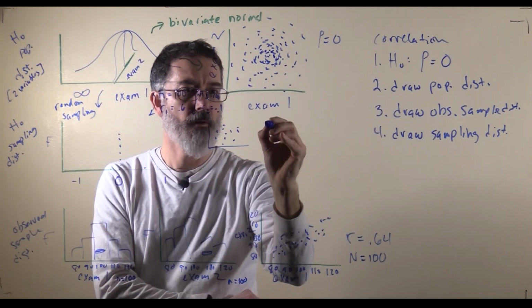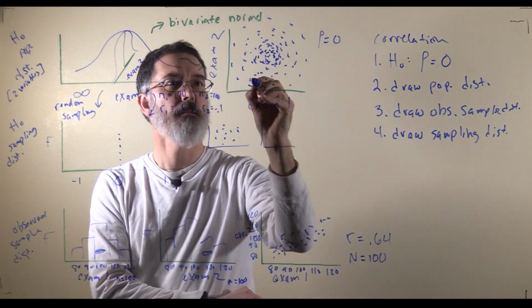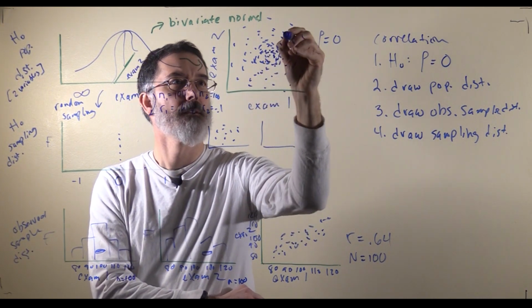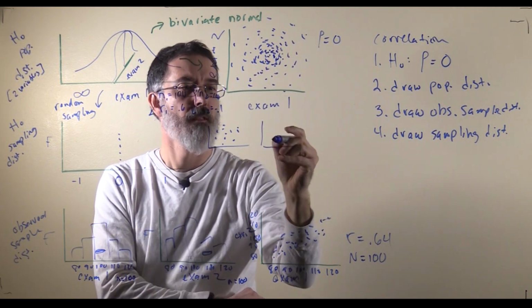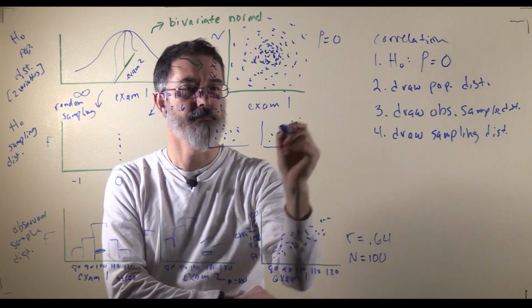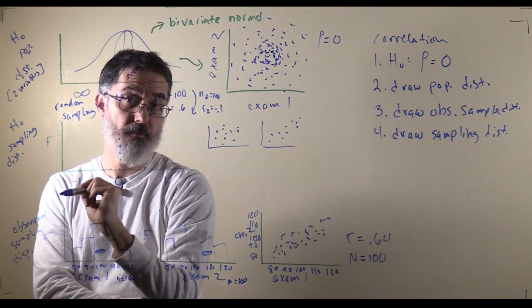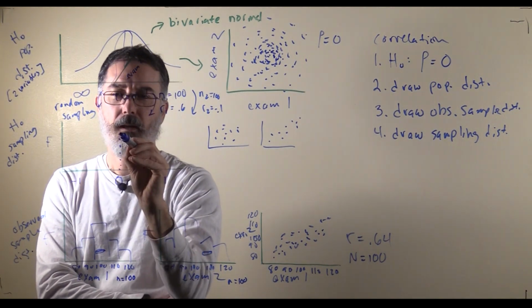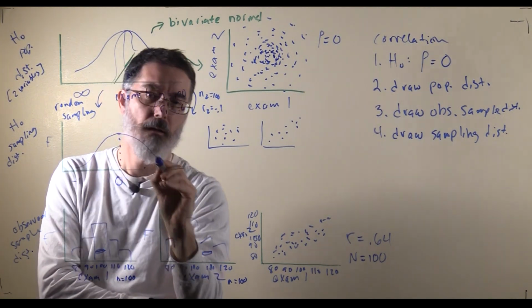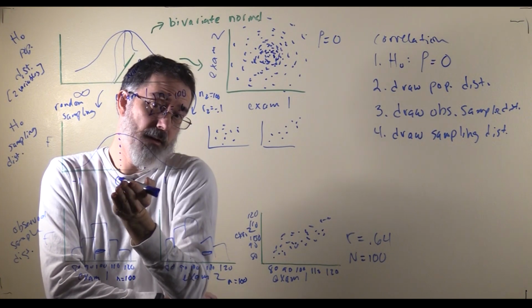But every now and then, right, we could end up getting 100 people that end up having a positive correlation. So every now and then we're going to get positive correlations, and every now and then we're going to get samples with negative correlations. So we're going to end up with a distribution that looks something like this.